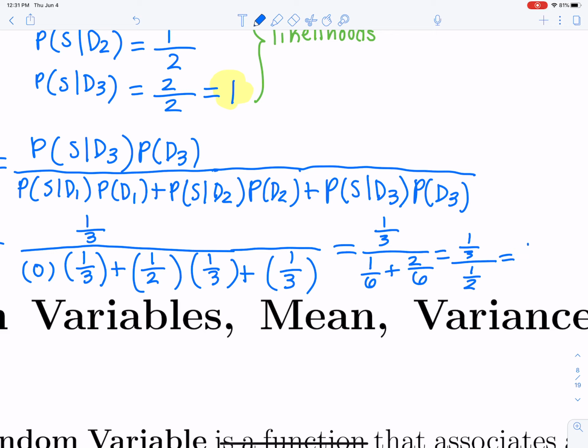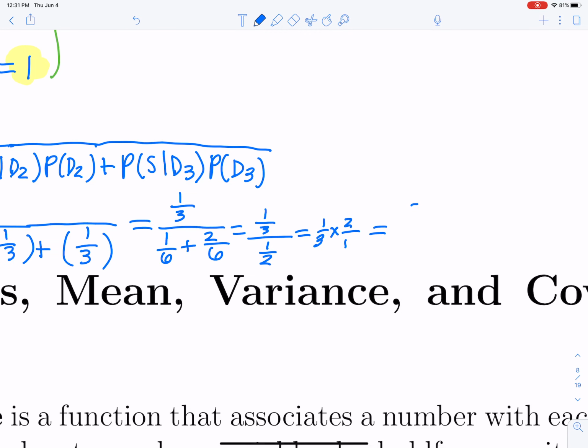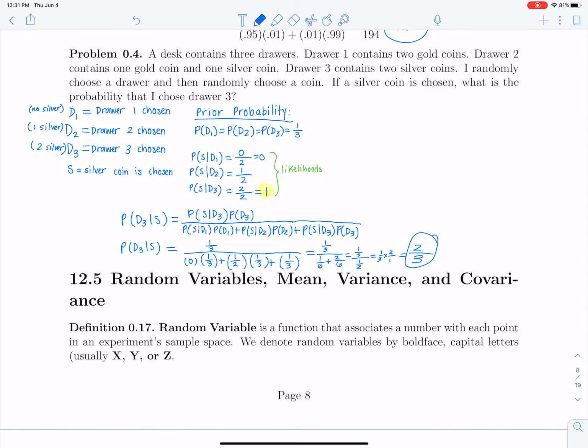That would give us 1/3 times 2/1, which gives me 2/3. So the answer would be 2/3. The probability that I chose drawer 3, given that I already chose a silver coin, is 2 out of 3. So pretty good. Bayes' rule is not too bad, just basically plugging and chugging the numbers.